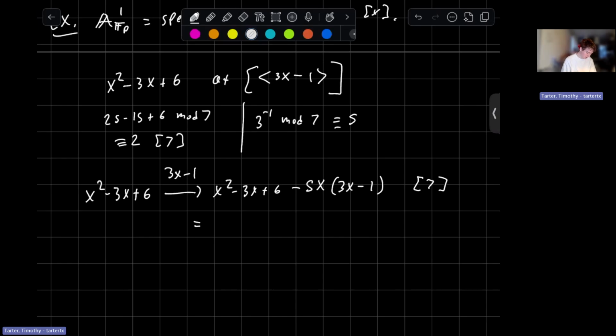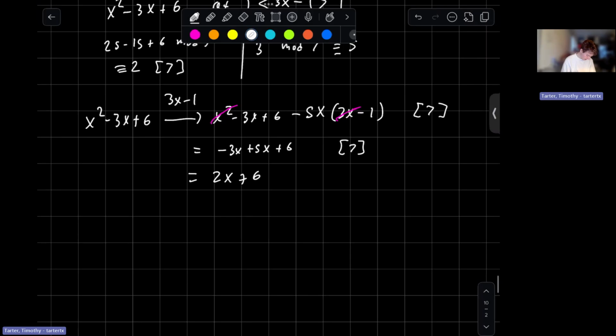Taking for granted that we can cancel out this bit with this bit, this is equal to negative 3x plus 5x plus 6 mod 7, which is equal to 2x plus 6.